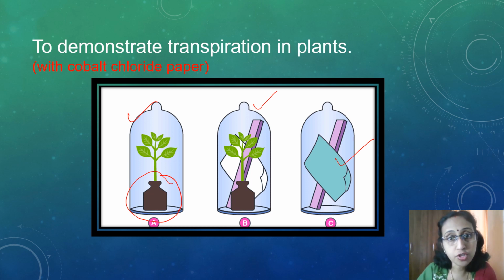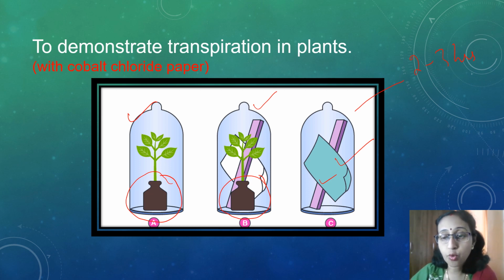In the second one also we are not allowing any evaporation from the pot or the base of the plant, and here there is no plant, only the cobalt chloride paper is kept. We are keeping these setups for 2 to 3 hours under sunlight.